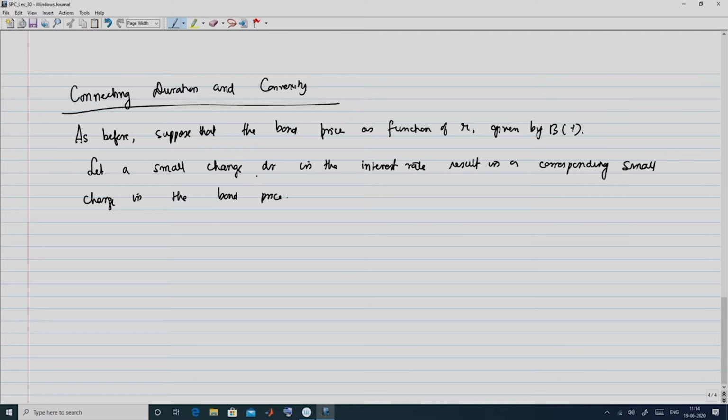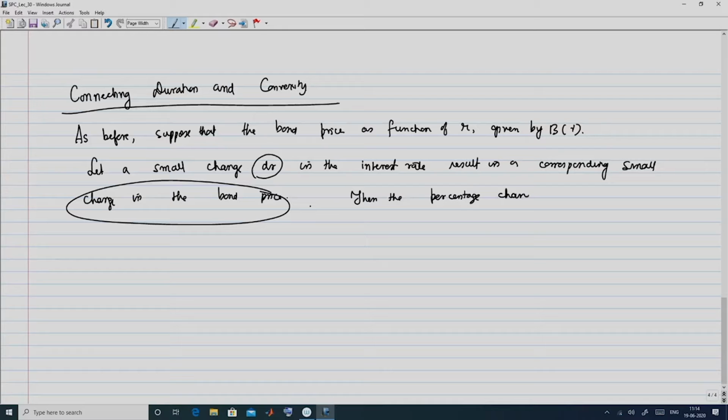So, if a small interest rate change of dr results in a change in the bond price, then what do we have? Then the percentage change in the bond price is given by the following.